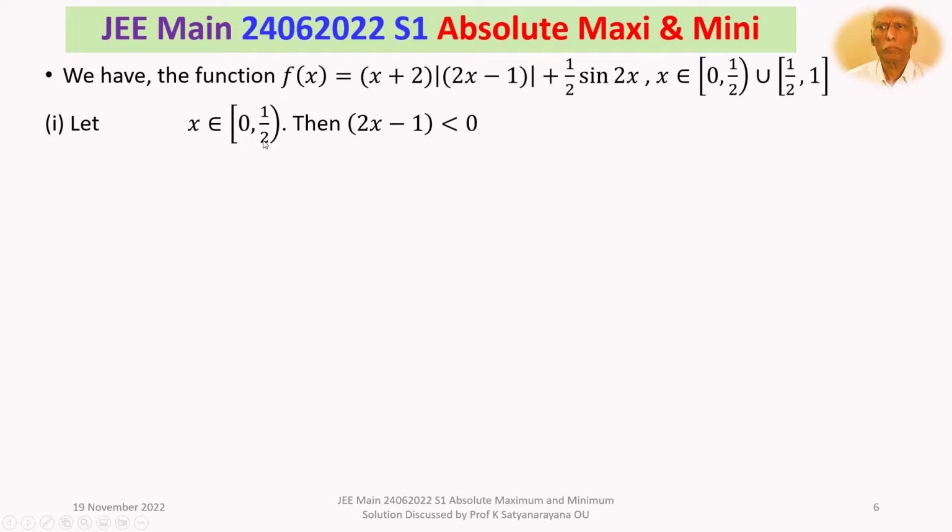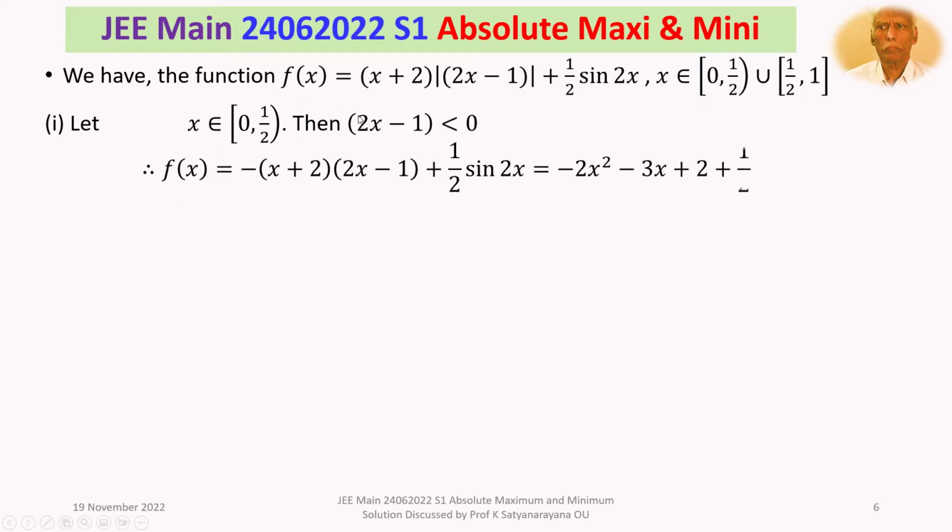Then in this interval 2x minus 1 is negative. Therefore, mod of 2x minus 1 will be minus in brackets 2x minus 1. Then f of x will be minus x plus 2 into 2x minus 1 plus 1 by 2 sin 2x. And when you multiply, you will get minus 2x square minus 3x plus 2, plus 1 by 2 sin 2x.